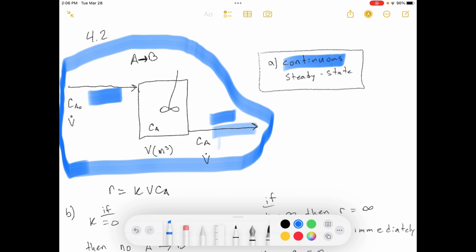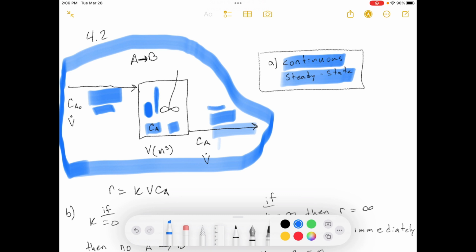Is it steady state or transient? Well, they said everything is remaining the same. So you don't have a variable concentration of A in the tank. It's always Ca. You have the same concentration of Cb in the tank. You have steady flow going in, a steady flow going out.